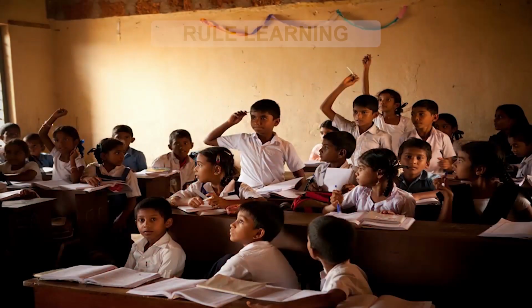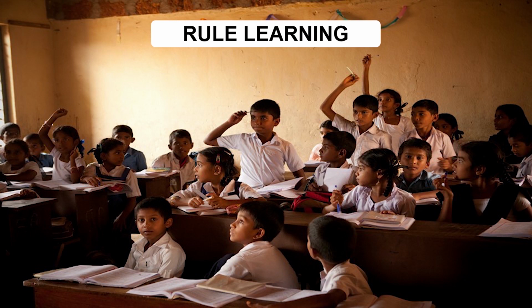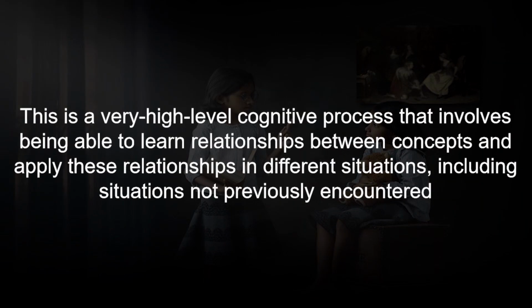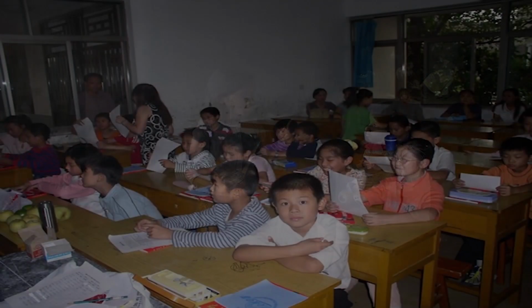Then comes rule learning. What is happening here is that this is a very high level cognitive process that involves being able to learn relationships between concepts and apply these relationships in different situations, including situations not previously encountered.